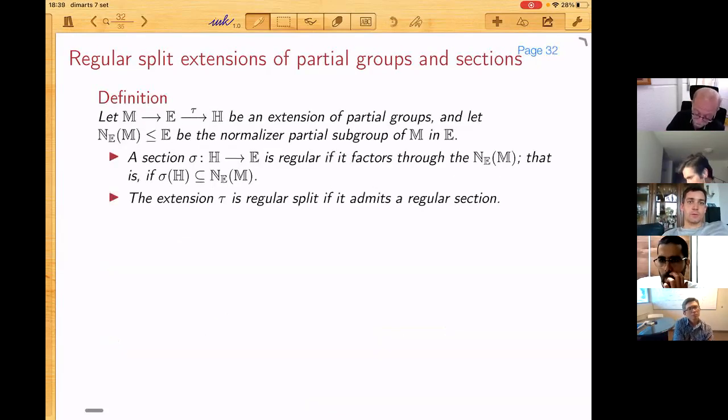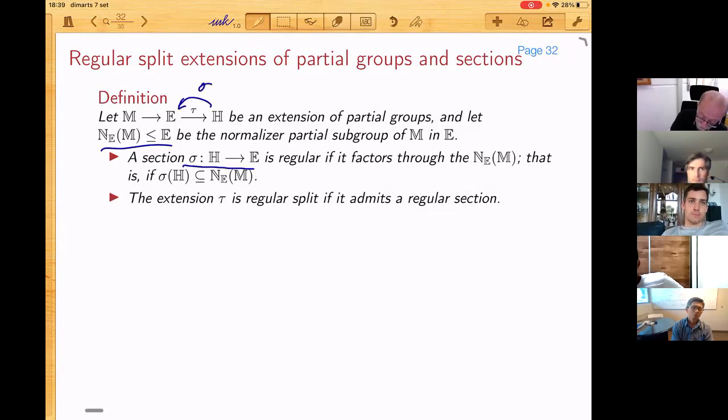So here's the definition. When we have an extension of partial groups and we have such a normalizer in E, the normalizer of the small M, then a section is defined as usual. I mean, a map like this, sigma, right? So we call this section regular if it factors through this normalizer, right?